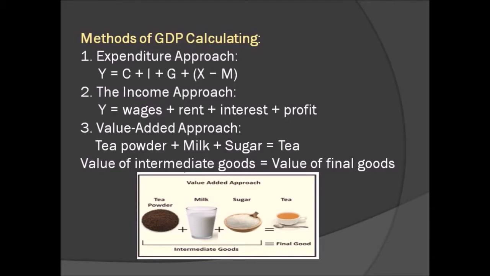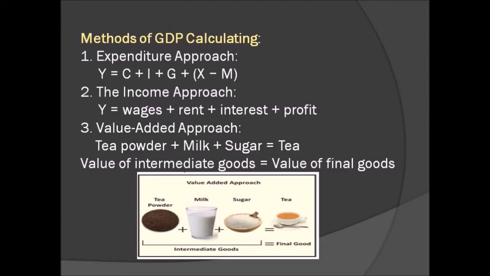In this expenditure approach method, the GDP is measured by adding the amount spent on all the final goods and services which are produced in the country during a specified period. And the formula is, as we already know, GDP equals consumption plus investment plus government expenditure plus the difference between the exports and the imports.